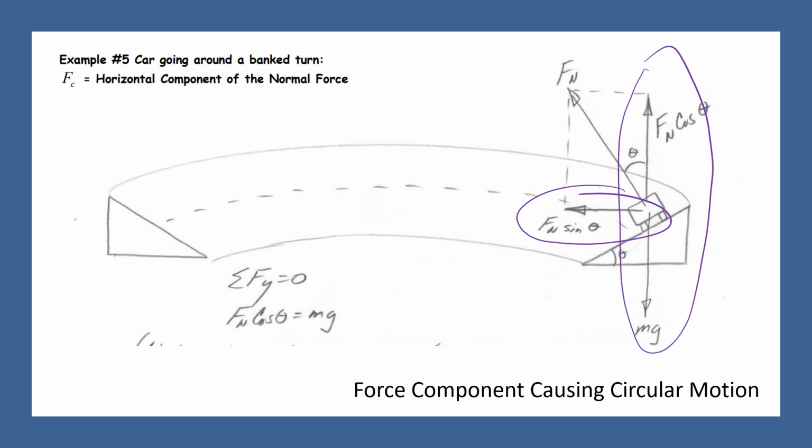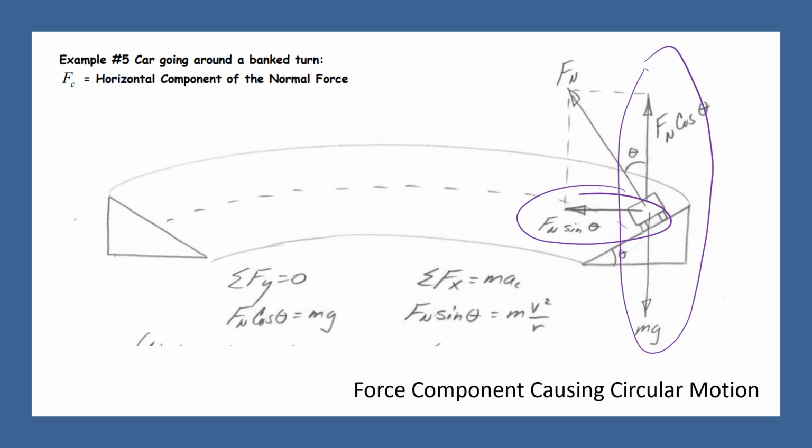Normal force times cosine theta has to equal mg. And then, like before, I know that the net force in the x direction has to equal the centripetal force because that's the thing that's causing it to go in a circle. So the normal force sine theta has to equal mass times tangential velocity squared over r.